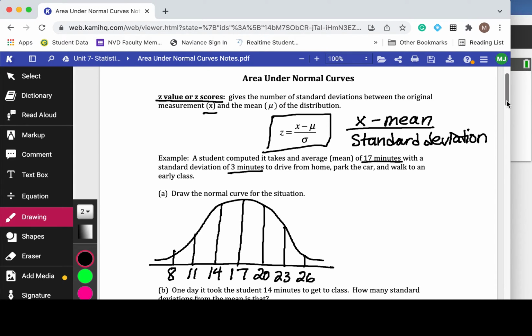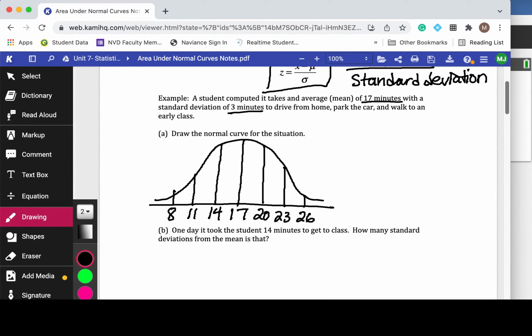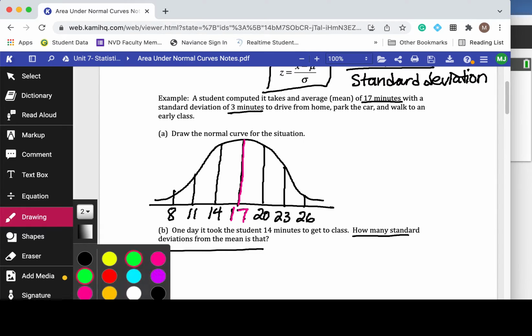And then one day it took the student 14 minutes to get to class. How many standard deviations from the mean is that? So let's take a look. Here is our mean of 17. That's right here. You have to go 1 to the left for 14.